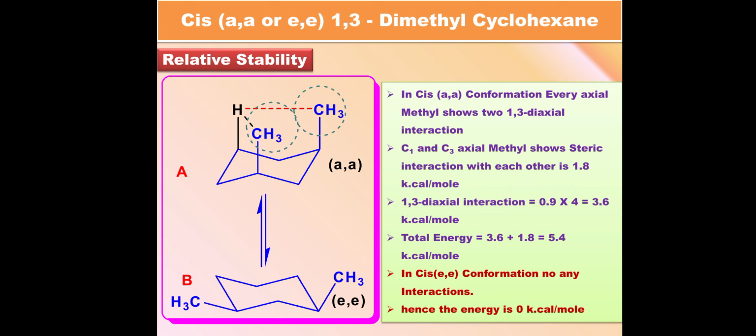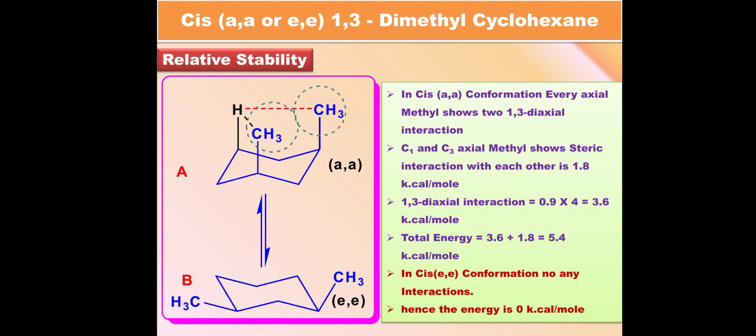So the energy for that is 3.6 kilocalorie per mole. Along with that, the carbon number 1 and carbon number 3 methyls have steric interactions with each other, contributing 1.8 kilocalorie per mole. So the total energy of cis diaxial 1,3-dimethyl cyclohexane goes to 5.4 kilocalorie per mole.